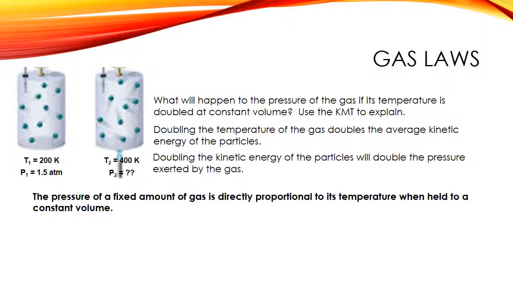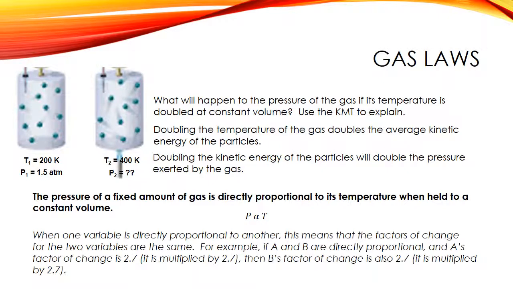So our relationship here is the pressure of a fixed amount of gas is directly proportional, no longer inversely, directly proportional to its temperature when held at a constant volume. The notation we can use for that, you can see here, pressure, and then we have that alpha sign, again that means proportional to, and if it's not 1 over, then it's directly proportional. So pressure is directly proportional to temperature.